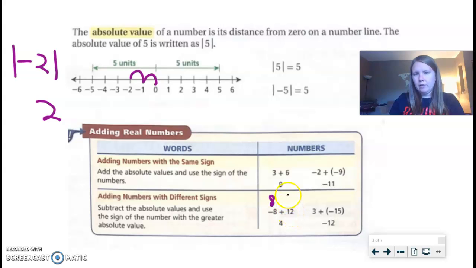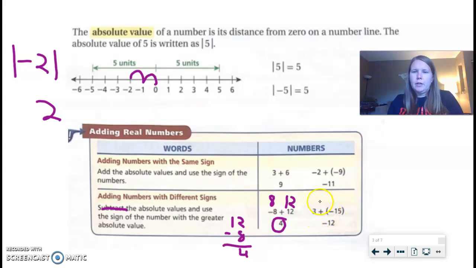The absolute value of 12 is 12. You then end up actually subtracting them. You always want to take the larger and then subtract the smaller. Well, 12 minus 8 is 4. And we keep the sign of whatever number was the largest after we took the absolute value. In this case, 12 is larger. 12 was originally positive. That's why I say positive 4.